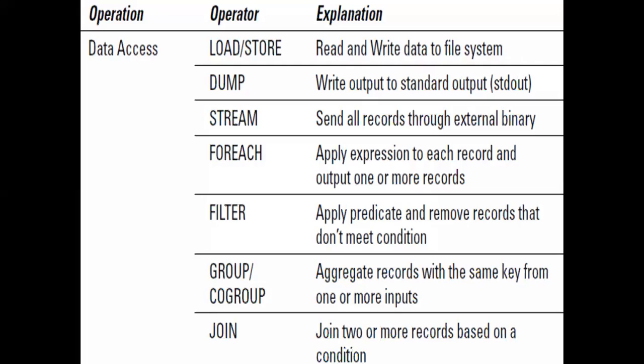Then join. Join means, as in a simple SQL statement, what is the use of join? Similarly here also, join two or more records based on a condition. We apply one condition such that we join two or more records based upon that condition, so that condition should exist.